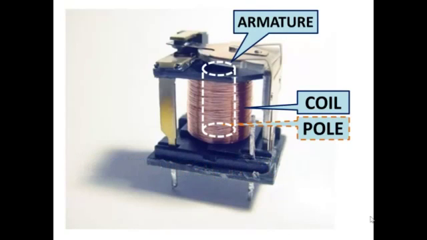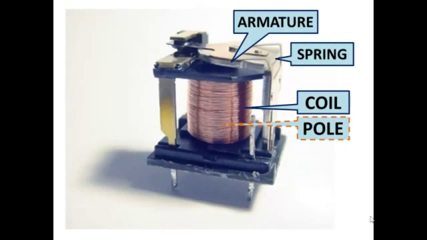The object of the electromagnet's affection is the armature. The armature is another piece of ferromagnetic material that is suspended near one end of the coil by a spring that would oppose the magnetic field. Now keep in mind, remember we said that air is not a good path for magnetic field.